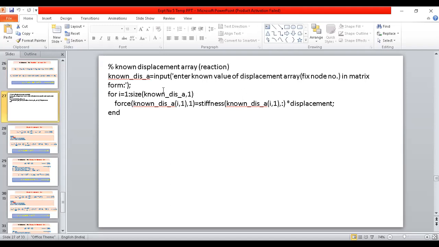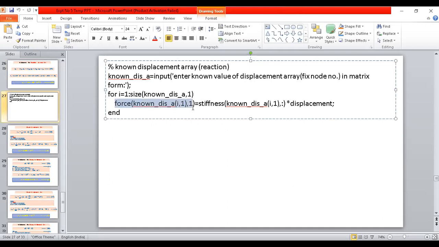Okay, and we just eliminate row 1, then row 3, and form force array or force reaction. Okay, so stiffness into displacement. Same thing for finding reaction: force equal to known stiffness multiplied by displacement. Okay.